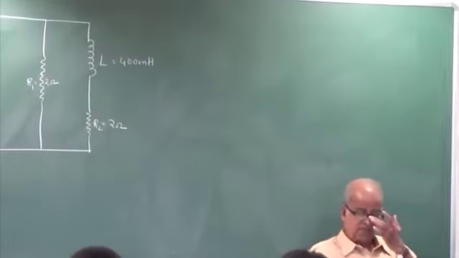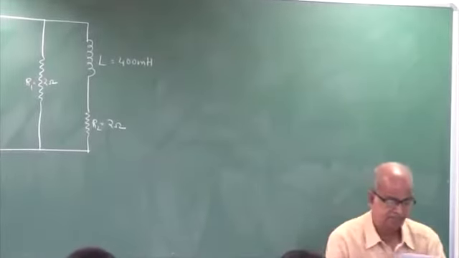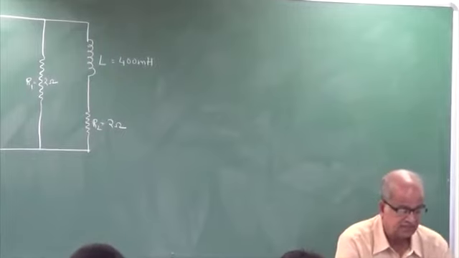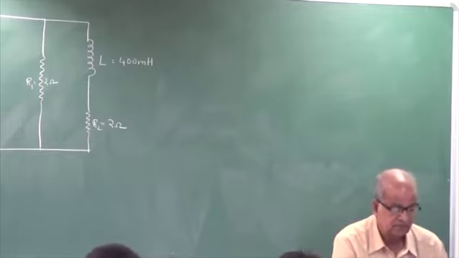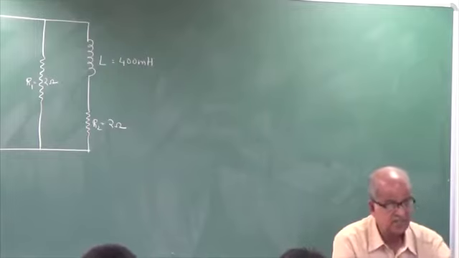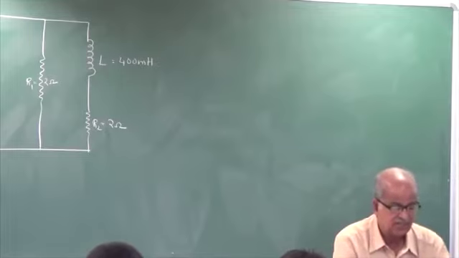What is the potential drop across L as a function of time? Of course, the second part is there, which you can write as homework. After the steady state is reached, the switch is opened.